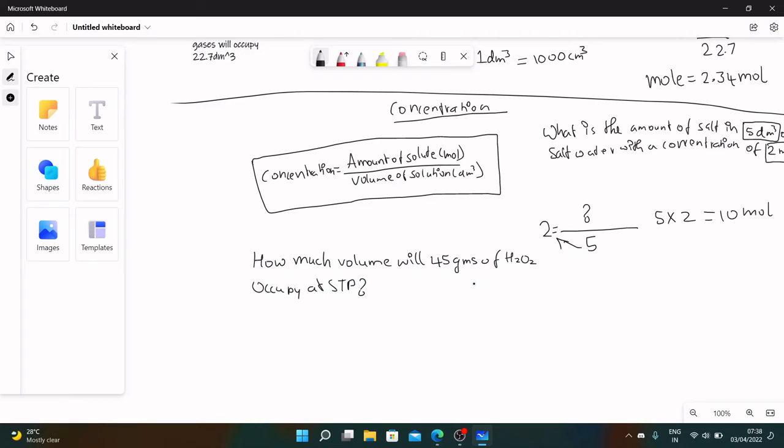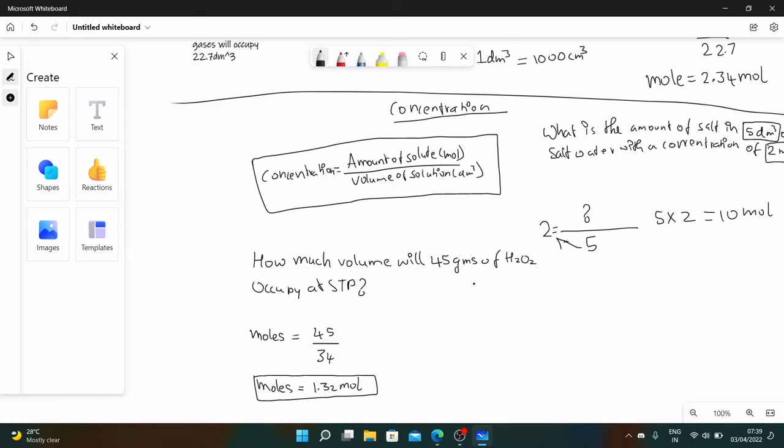With this 45 grams, moles equals 45 divided by the molar mass of hydrogen peroxide, which is this compound over here. I already did that. That's 34. It's easy. We discussed it in the previous video. So that's our number of moles, which is 1.32 mole. If you do the division, we have a moles value.